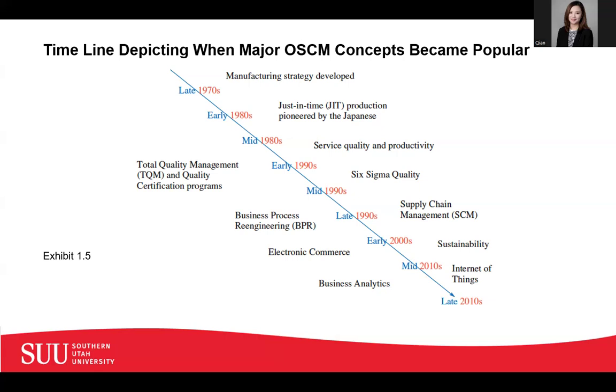This is the first time they started to consider how to manage their operations. So back to 1970, this was the manufacturing strategy development, and we focus on efficiency, effectiveness, productivity, and so on.